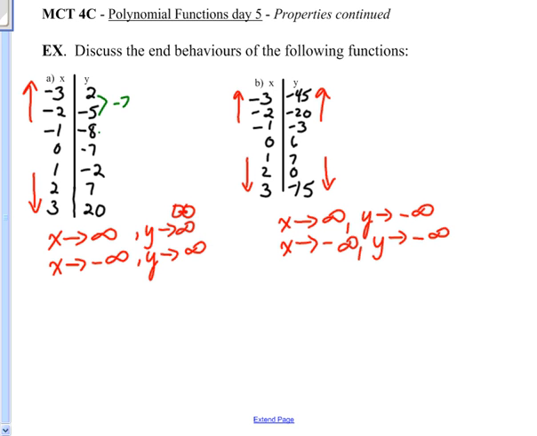We have negative 8 take away negative 5, negative 3, negative 1, or sorry, positive 1. Negative 2 take away negative 7 is 5, 9, and 13. So I've just subtracted subsequent pairs. My first differences are not the same. This is not linear.